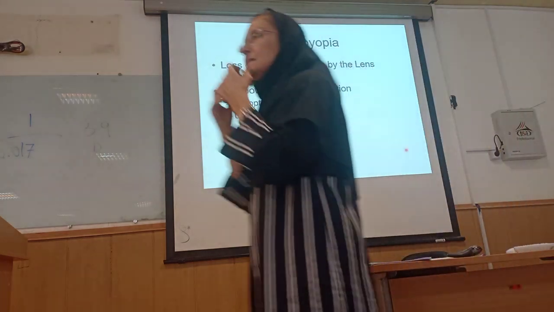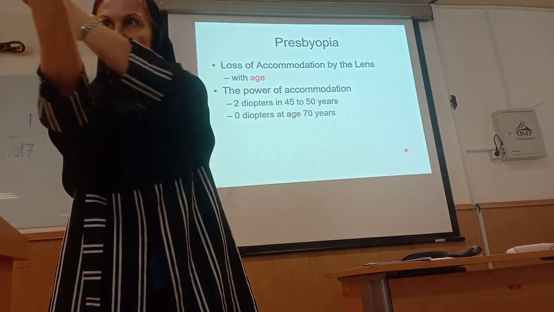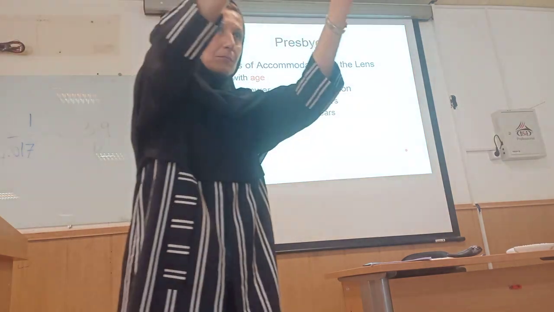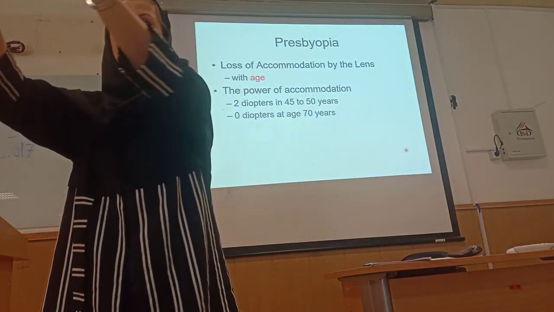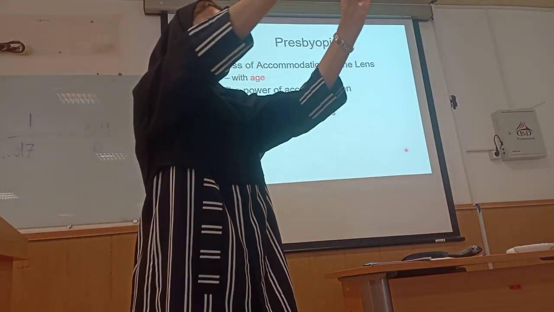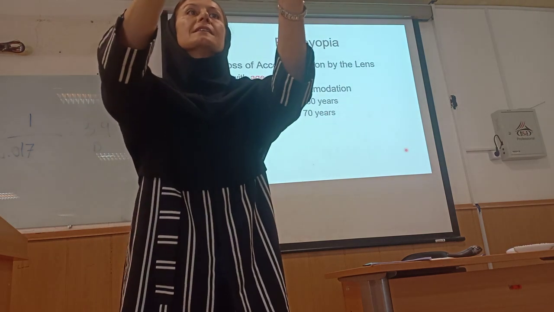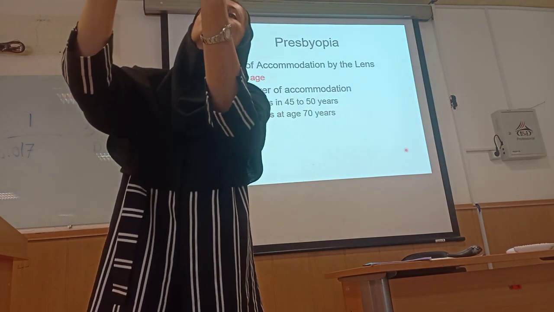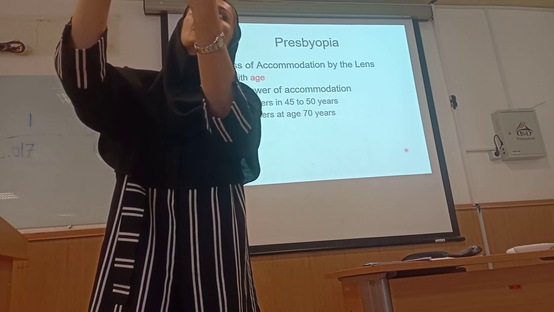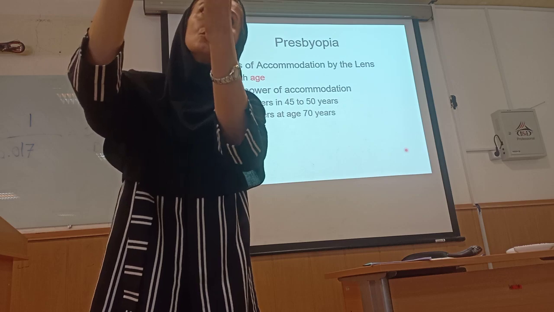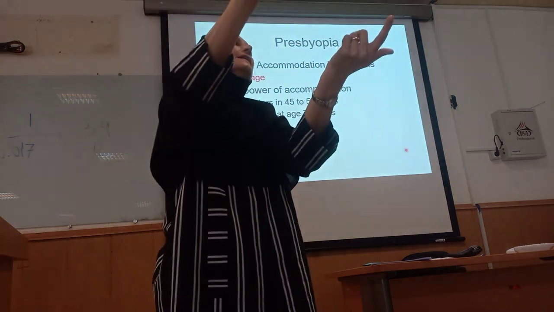Okay, and this you can understand. You can find that this is bifocal. Why? Because this is progressive. This is a progressive lens. Gradually concave converts to, for example, convex or simple.